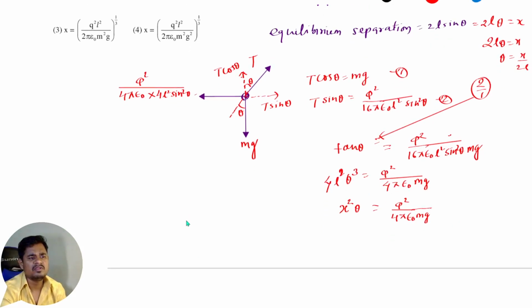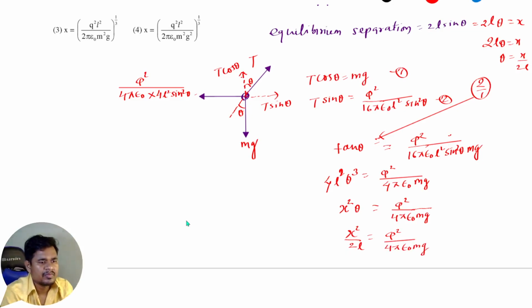So I will substitute this over here. So this will become x cube by 2L equals q square, and then we will have 4 pi epsilon naught mg. This is what we have got here.